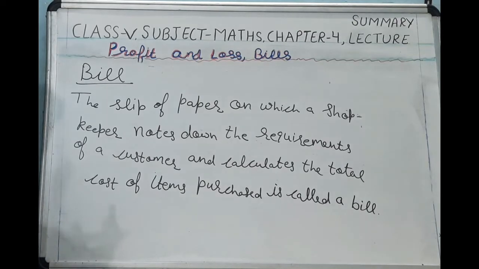Then name of the customer, address and phone number of the customer, date on which purchase is made, description of the items, quantity, rate, then total money demanded, and at last signature of the shopkeeper. Let's do a practice question in which we will write down everything.